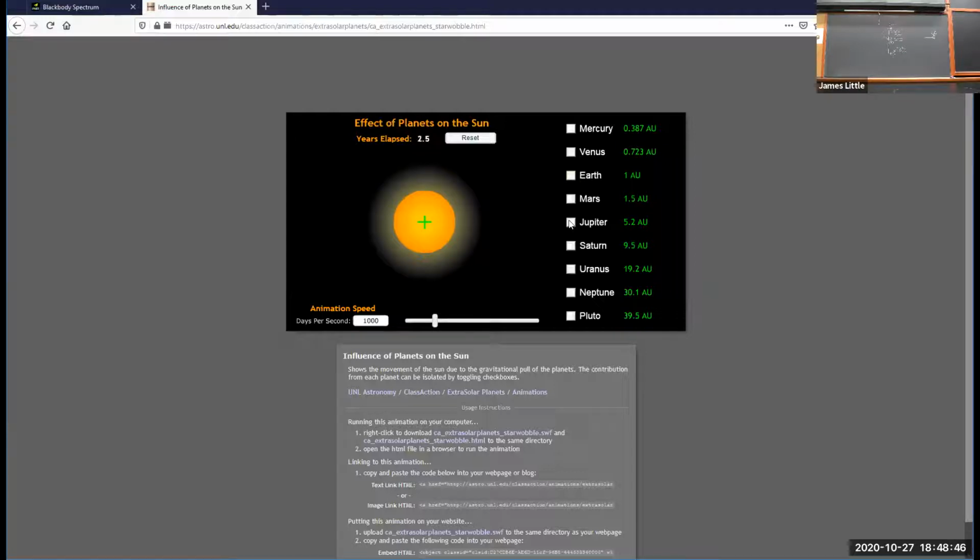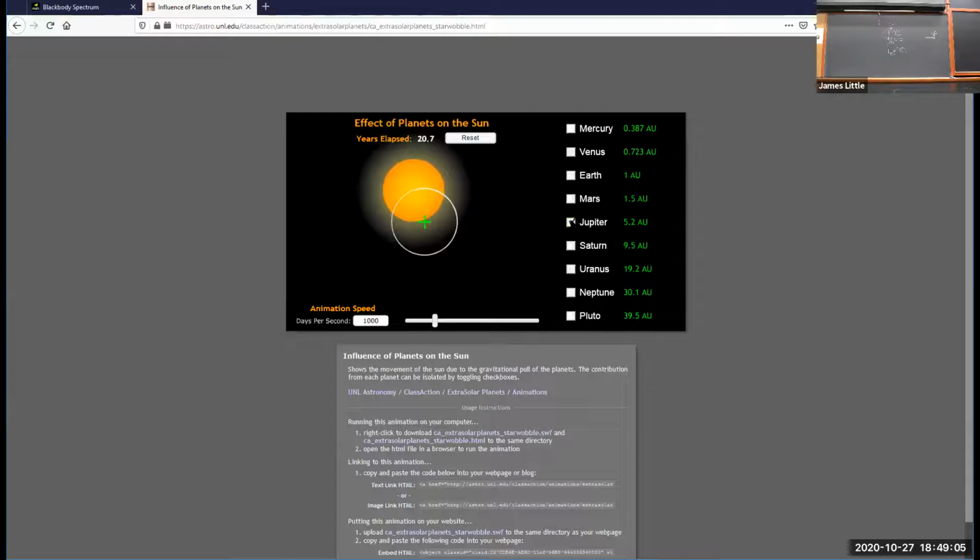But go to Jupiter, which is pretty far out, but so massive that Jupiter is actually making the sun twirl around in a circle. The center of mass for Jupiter and the sun is outside the sun's own body.